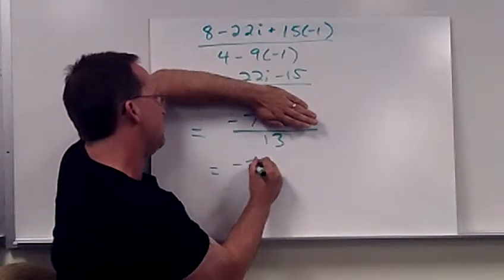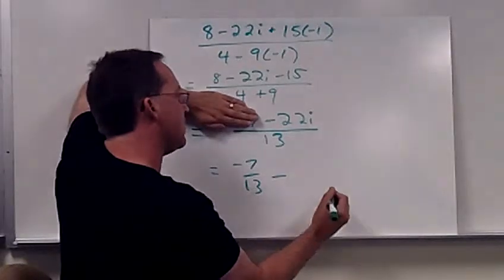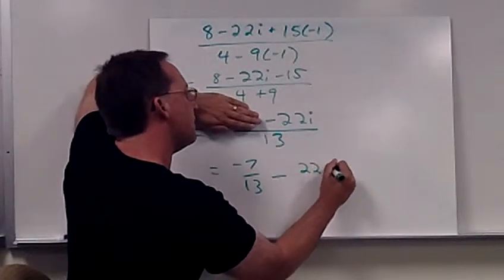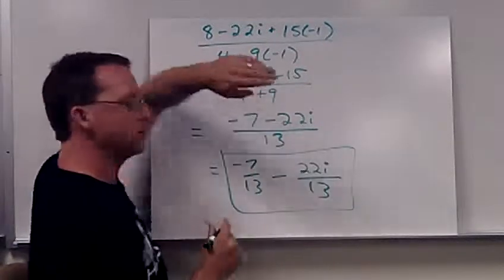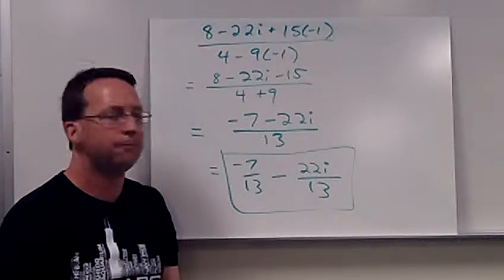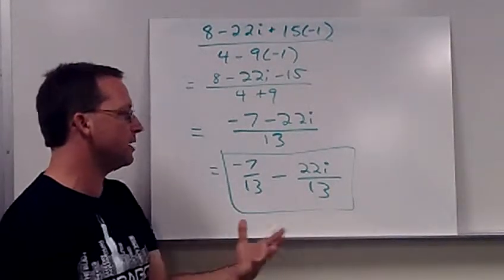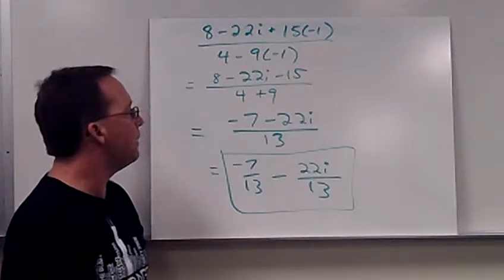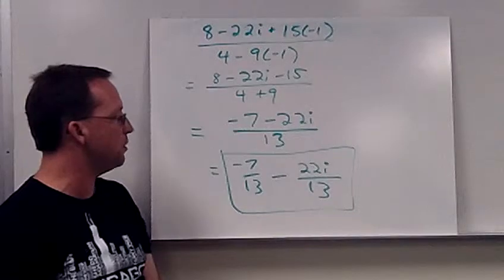We can have negative 7 over 13, and then minus 22i over 13. And that's how we're going to want to write our final answer, with the real part and the imaginary part separated out. Okay? So that's what our final answer is going to look like. It does have fractions in it, but by using that conjugate, we've been able to simplify that a lot.